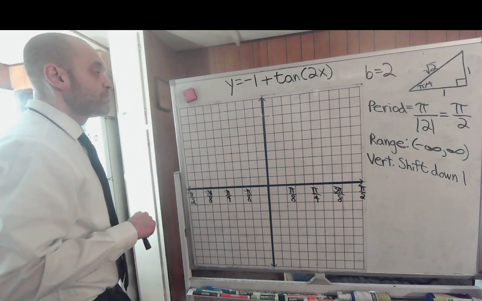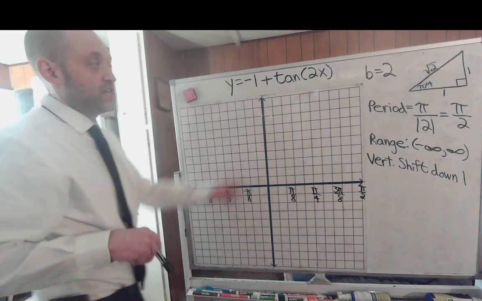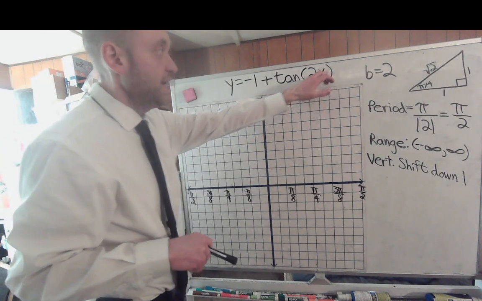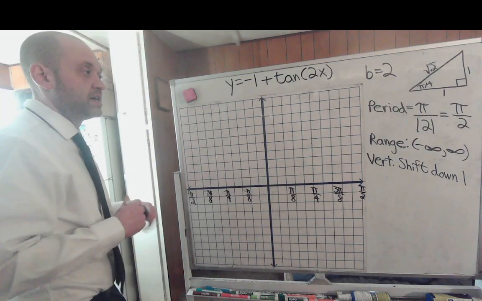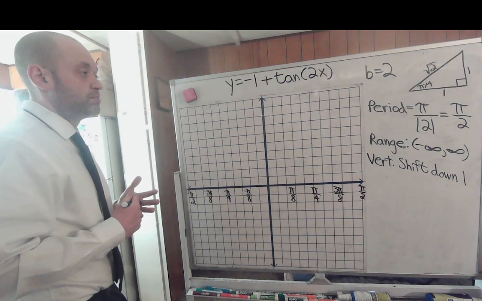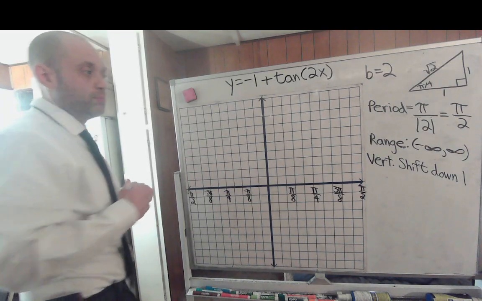So let's go ahead now. We don't have any horizontal shifts because there's no plus h inside the parentheses. So that's not going to change our asymptotes, but we need to figure out our asymptotes, figure out what our domain is.